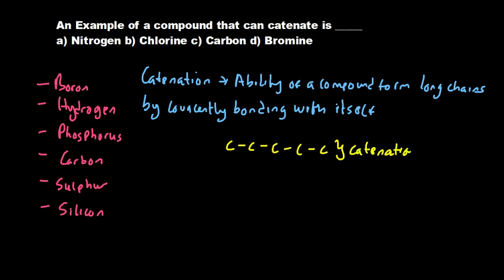And it is one of the reasons why carbon forms the bedrock for other organic families. So the answer for this question would be carbon. Carbon is an example of a compound that can catenate. So this is our last question.